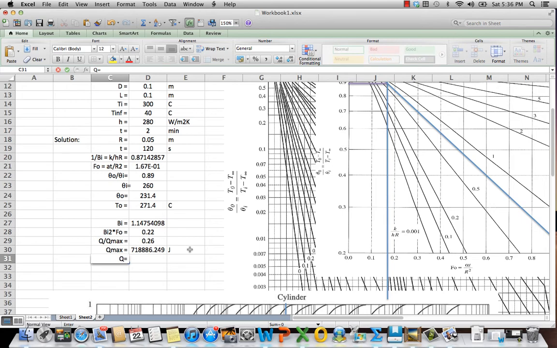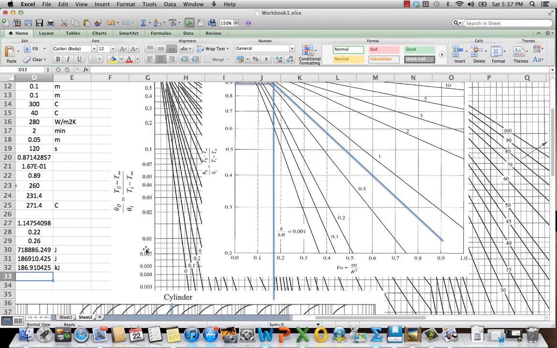And so Q is going to be this Q max times my 0.26. Okay, and again, that's joules. If I wanted to look at it in, say, kilojoules, which might be a little more reasonable quantity in this case.